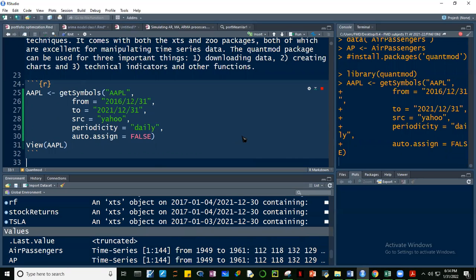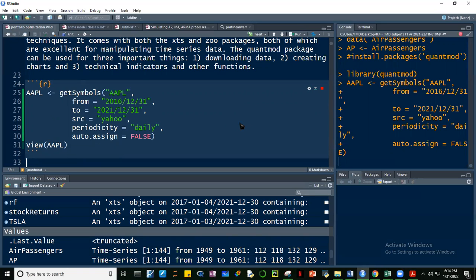You can get several at the same time. I can add here Apple, Microsoft, Facebook, Tesla, all in just one code, and then it will automatically give me all of those stock prices with just this simple R code.